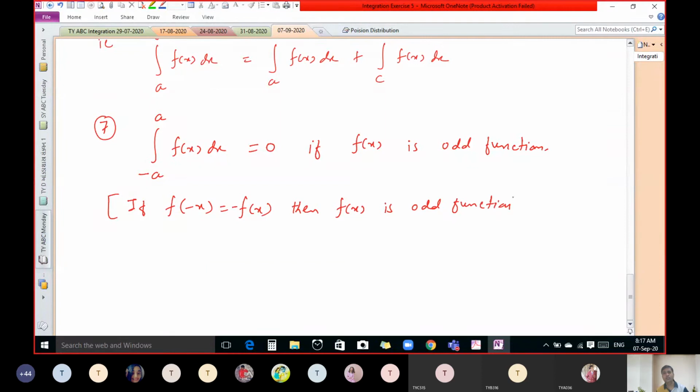So this is actually the definition of odd function.